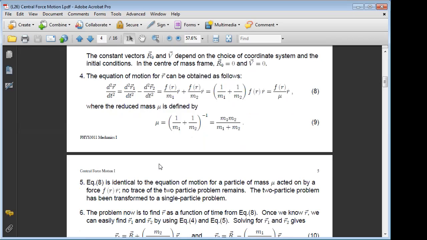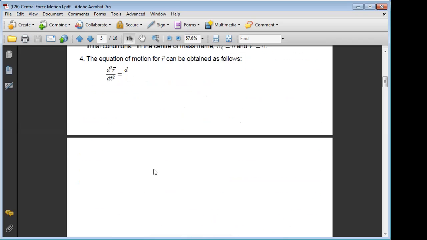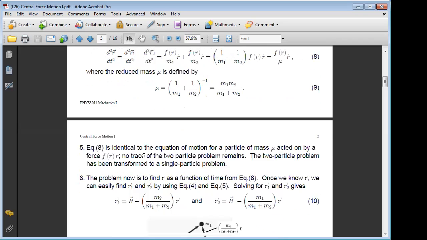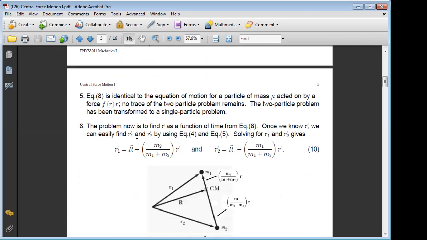So this invariance under translation, according to Noether's theorem, guarantees that the total energy is conserved. All right. So under this situation, the two-body problem has now been reduced to a single particle system.